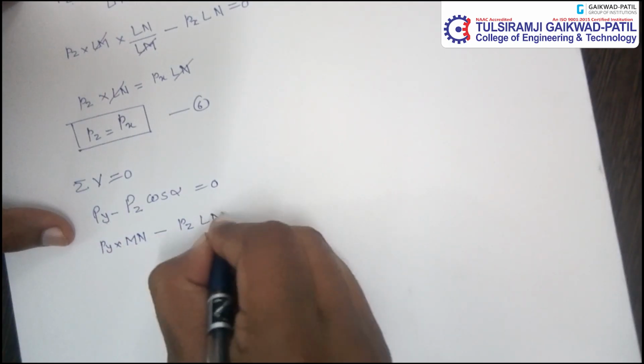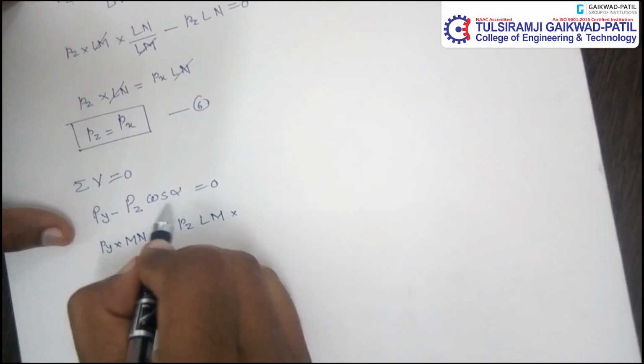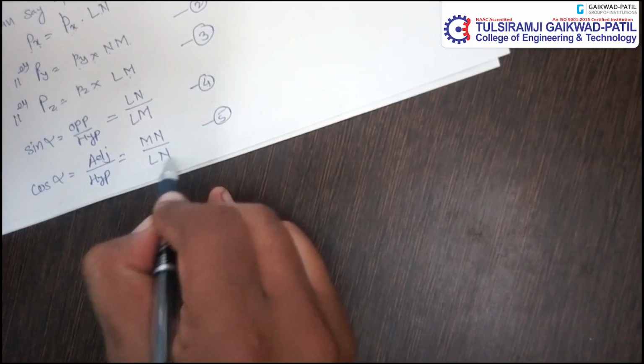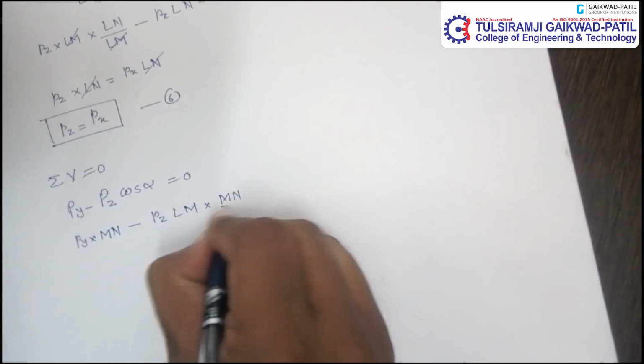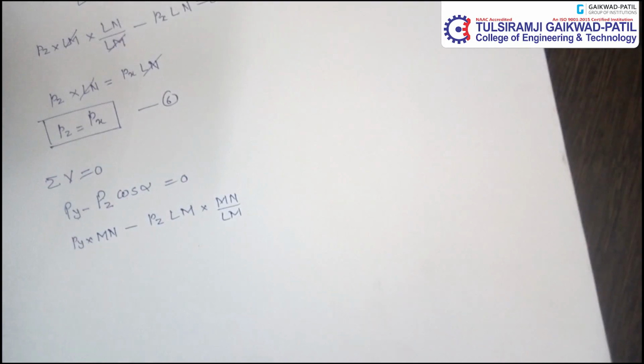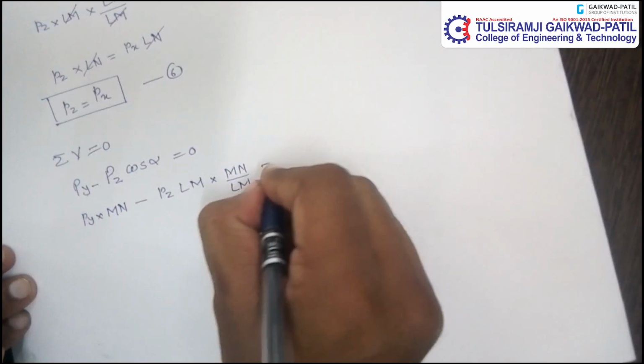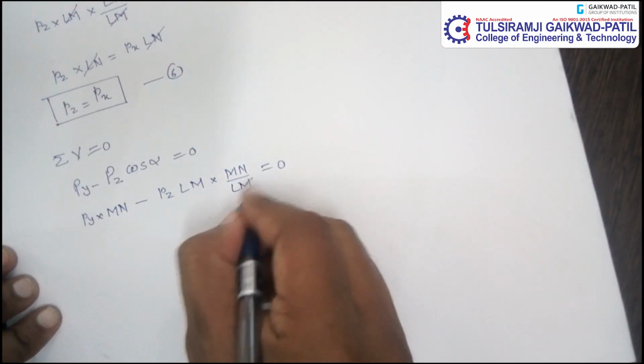Small pz into LM, and what is cos alpha? Cos alpha is MN upon LM. So we have to replace this. Cos alpha is MN upon LM is equals to 0.